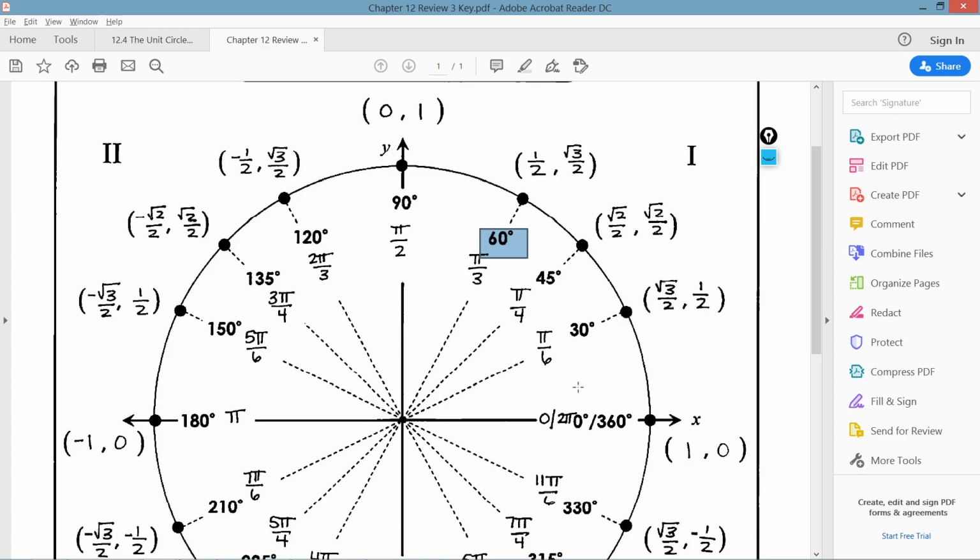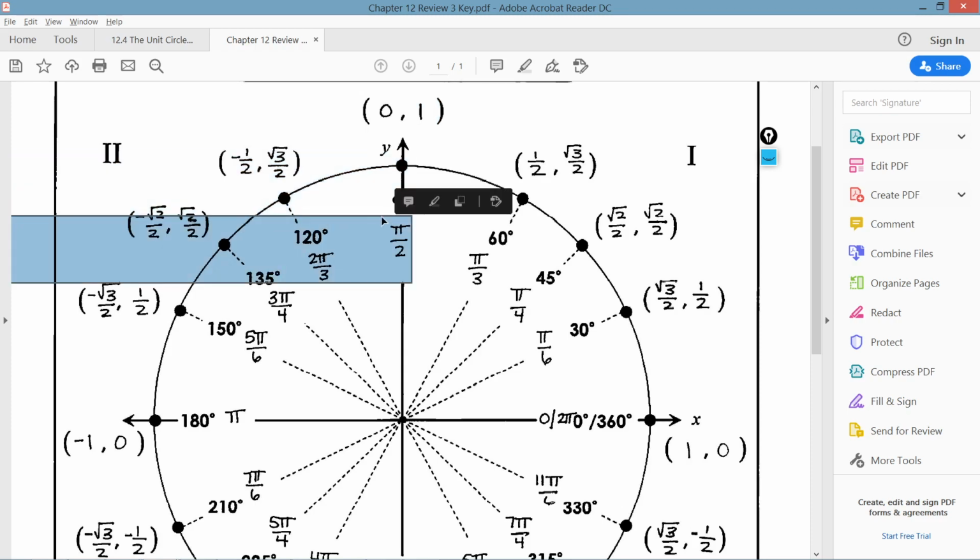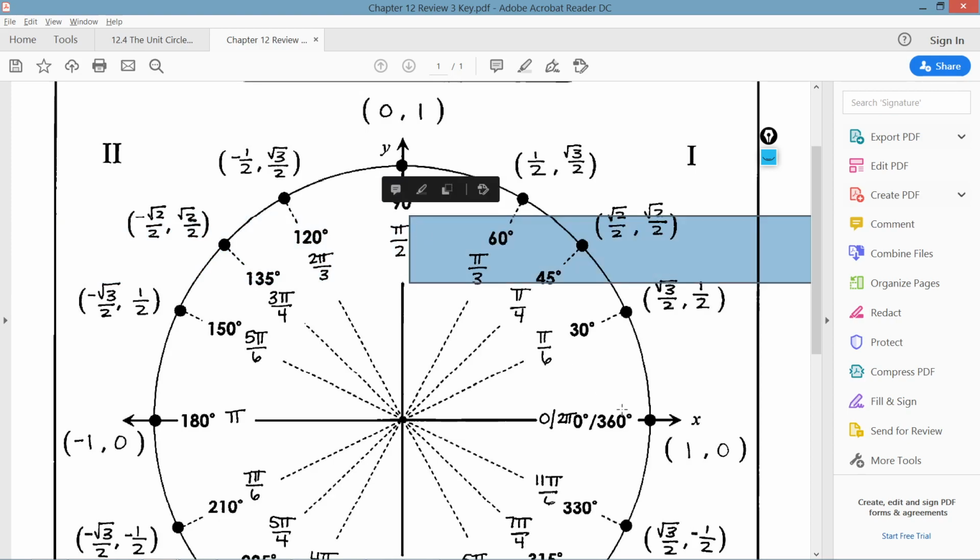And 90 is really easy, right? It's 0, 1. Why? Because when we're straight up and down, there's no x component, and the y component is 1, which is the same as the hypotenuse. 90 and 0 are opposites, right? When we had 0, the x component was 1 and the y component was 0.